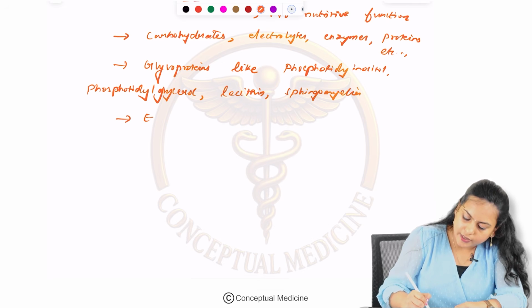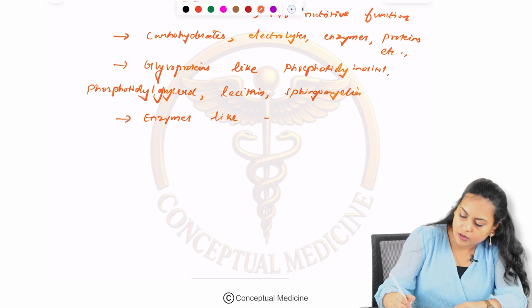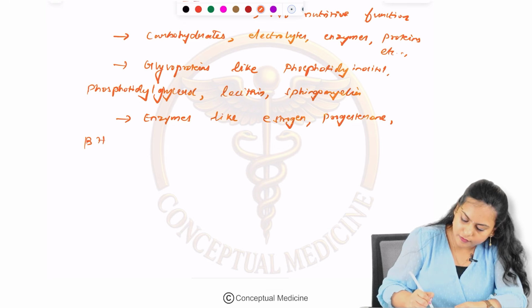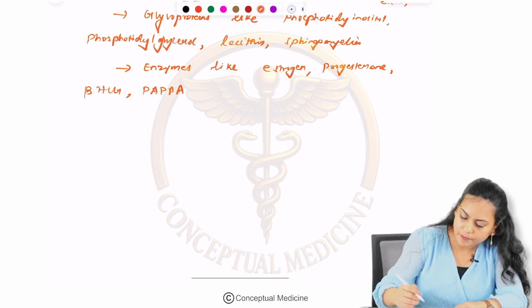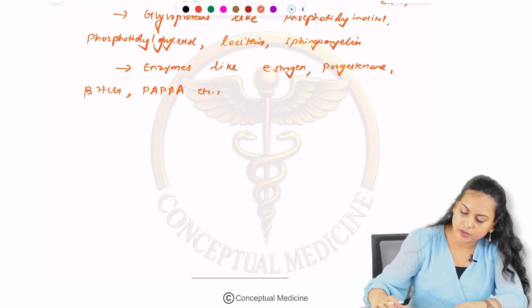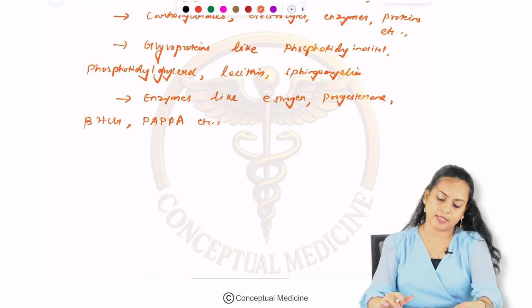It also consists of hormones and proteins like estrogen, progesterone, beta HCG, PAPP-A, pregnancy associated plasma protein A, etc. So, these are the basic compositions.